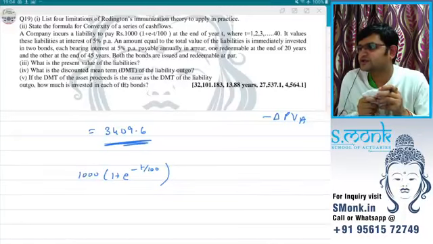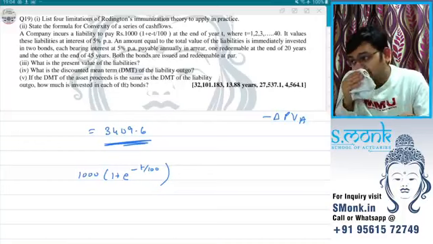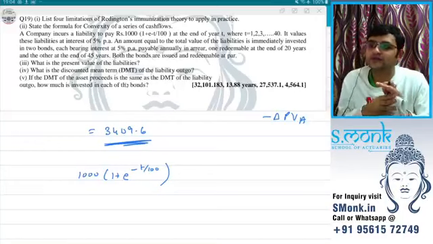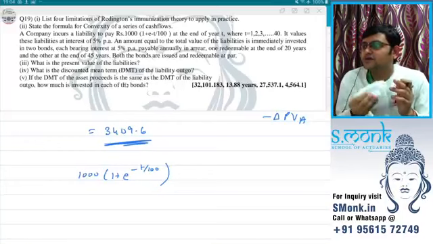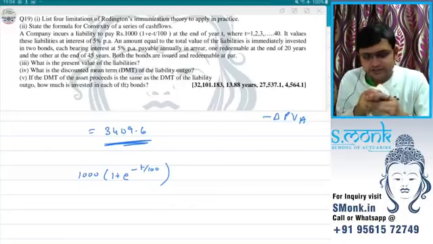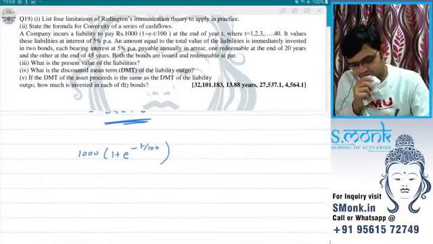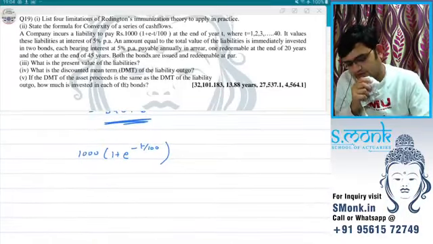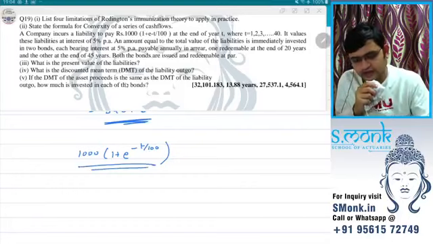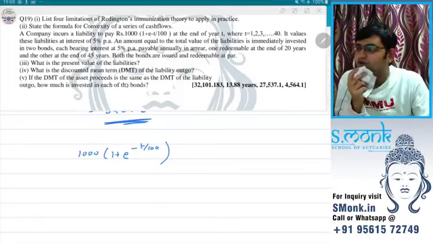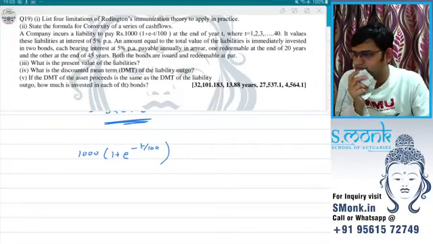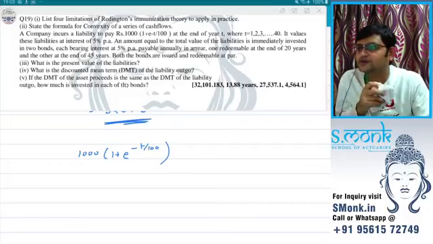Okay, first, everything we have to do for liabilities, because the assets are very easy to calculate, right? Present value of liabilities. This is the cash flow at each of these times, time being 1 to 40. Okay, 1000 plus this at the end of 2 years.